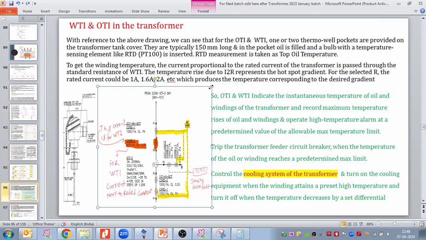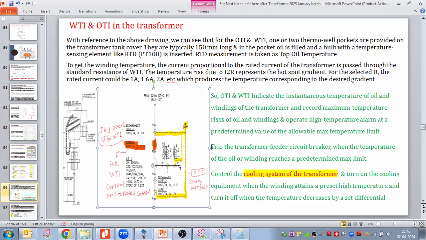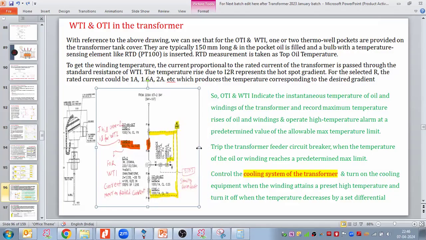So now the OTI and WTI indicate the instantaneous temperature of oil and winding of the transformer, record the maximum temperature rise of oil and winding, and operate a high temperature alarm at a predetermined value of the allowable maximum temperature limit.